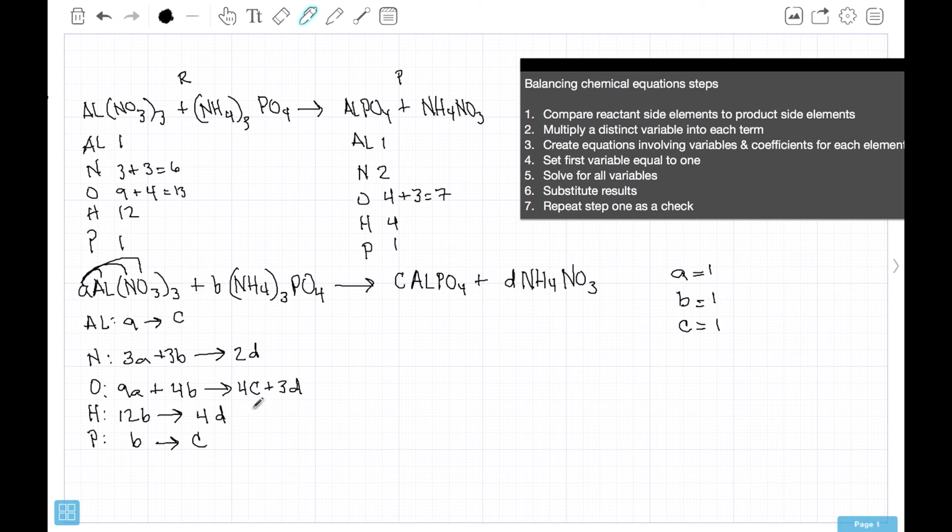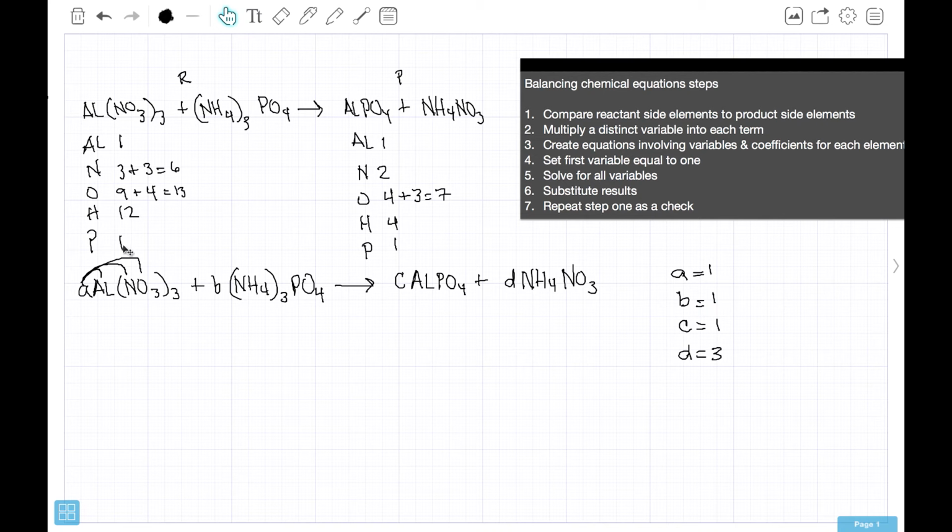The only thing left to be solved for is D. So we're going to have 12 times 1, because B equals 1, is 4D. Divide through by 4. And the result would be that D equals 3. So let's make some space.